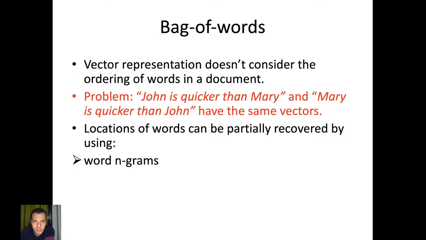So each concept in the vocabulary will be formed of words like "John is," "quicker than," and then "Mary." And in this example, if we use word bigrams, we can already have a different representation, because here we have the words "John is," and here we have the words "Mary is." So this pair of words is distinct.